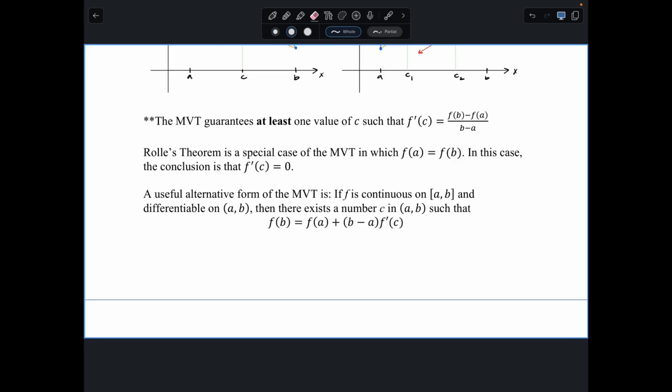I feel like this comes up from Euler's method, or anytime you're doing a linear approximation method for approximating a function value, this form of the mean value theorem could come up. But again, this is not something I would get too hung up on.